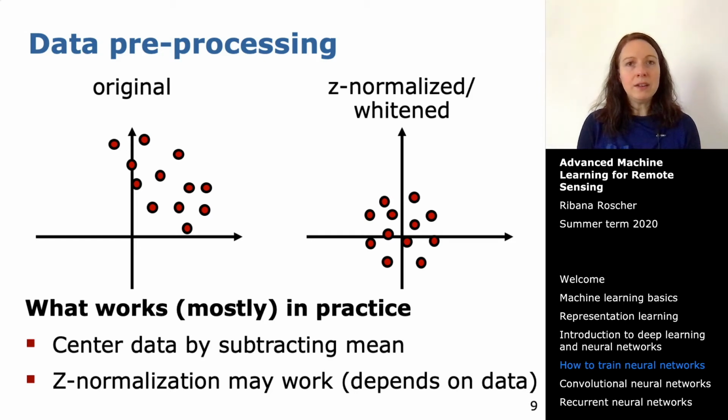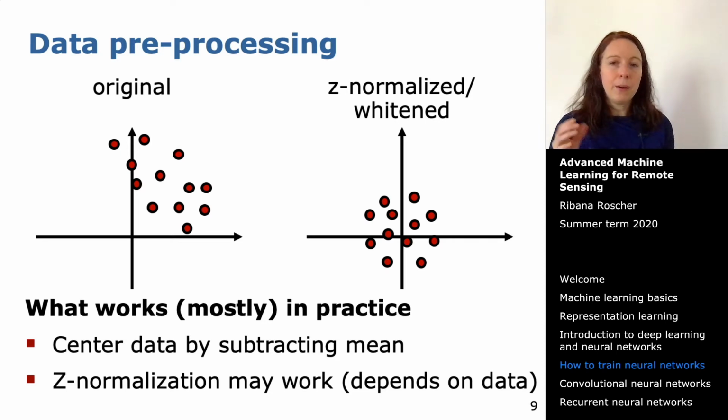This is easy to work with, because you do not have very large values, which lead to exploding gradients, or very small values, which lead to vanishing gradients. So you start with a good range of values and help the network to converge in a good way.